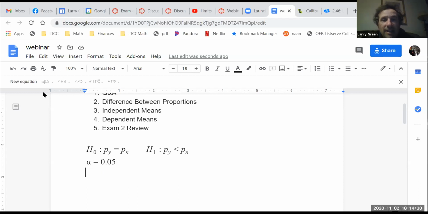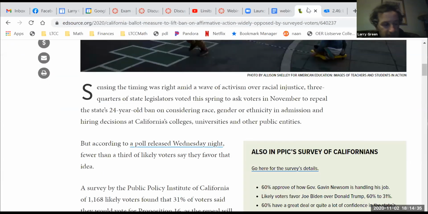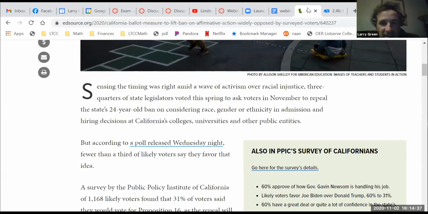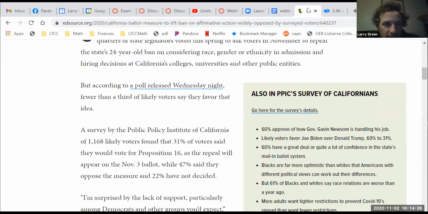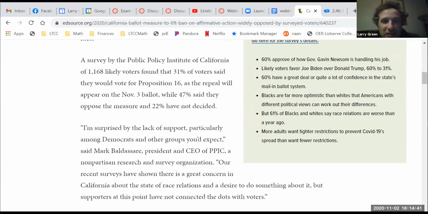Okay, then we look at the data. So let's go grab the data. So now I have to go back to the article. And what we see from the article is a survey of Public Policy Institute of California of 1,168. Let me write that down. 1168. What letter is 1168, by the way? Very important you know the letters to put in.